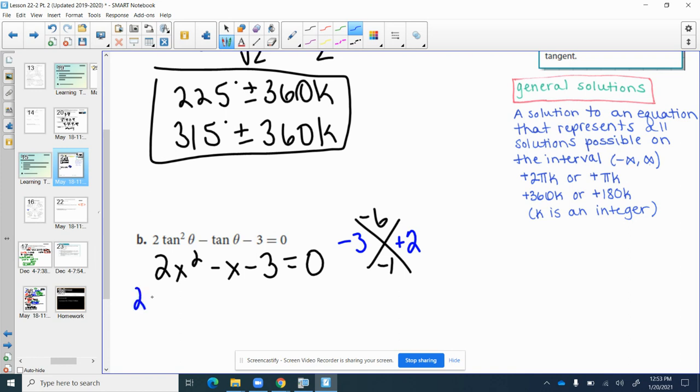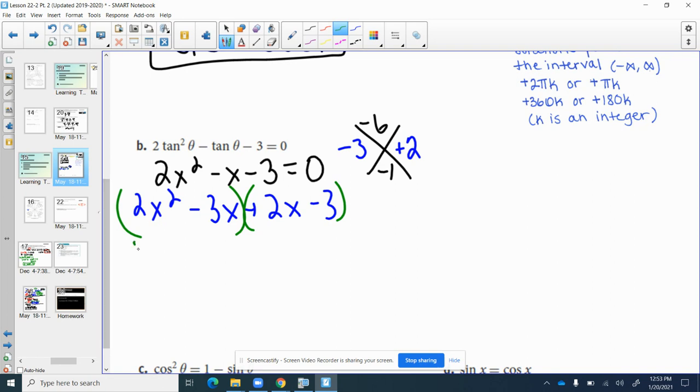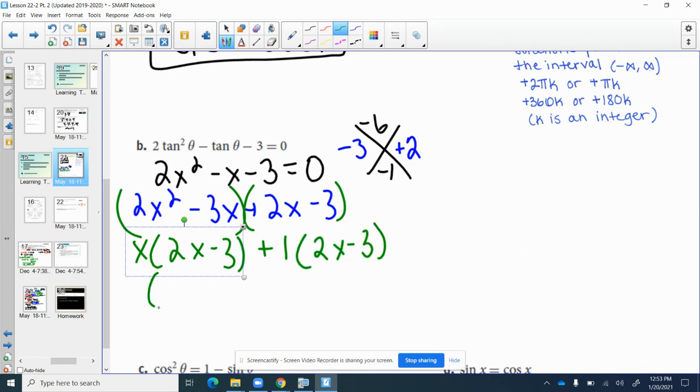And so again, if we write these broken up and factor by grouping, we will see that we have a factor of x, and we're left with 2x minus 3. No greatest common factor means that it's just 1. And we end up with 2x minus 3 as a factor and x plus 1 as a factor.